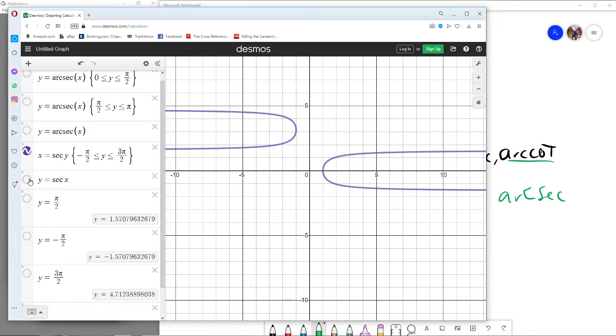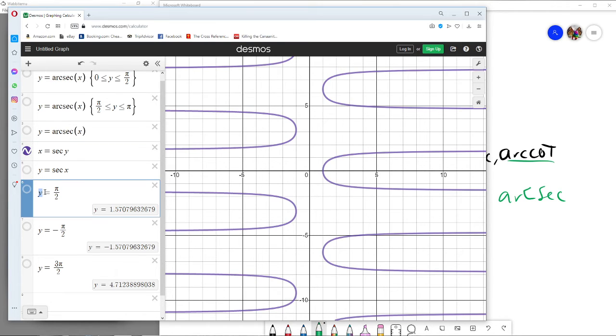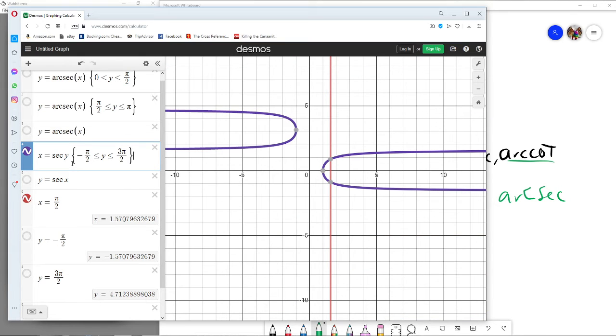Without that domain restriction, we saw all these sideways u's, and now the problem is this. If we're going to make a function, it has to pass the vertical line test. Here's some random vertical line. It intersects more than once, which means it fails, so it's not a function. So we need to do domain restrictions.